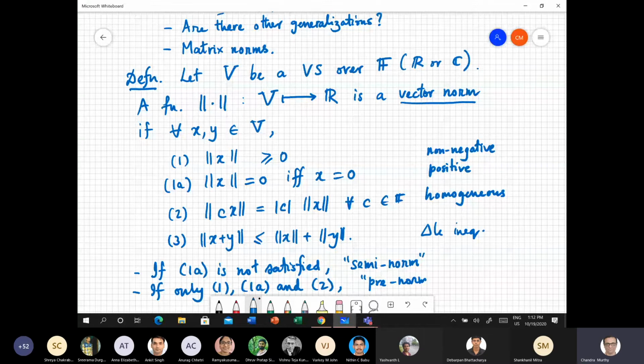We'll refer to some of these later when we want to state certain properties. For some properties, it's enough if the norm that we are considering is a prenorm. For some other properties, it's enough if it's a semi-norm, but for others, it needs to be a norm. So these are the four things that a function which maps a point in the vector space to the real line needs to satisfy for it to be considered a norm. Essentially it's mapping to R plus, the positive half of the real line.